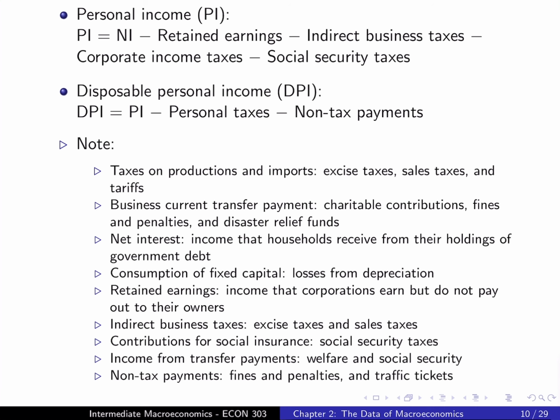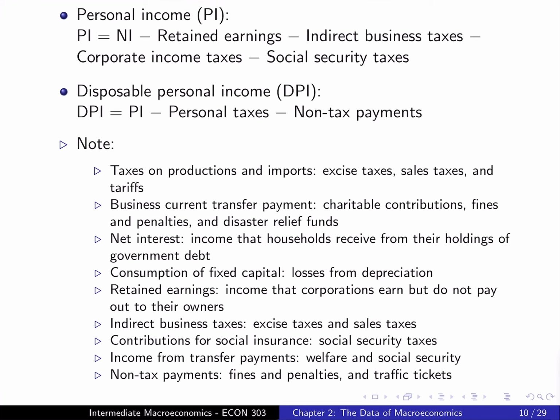PI equals NI minus retained earnings minus indirect business taxes minus corporate income taxes minus social security taxes. Disposable personal income, DPI, is what households have left to spend or save after paying taxes and other compulsory payments. DPI equals PI minus personal taxes minus non-tax payments.